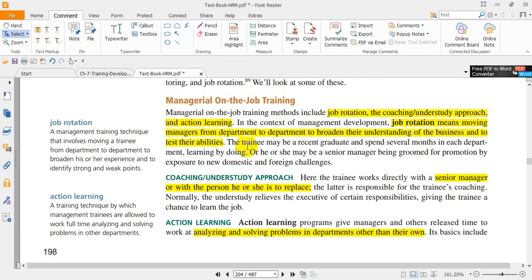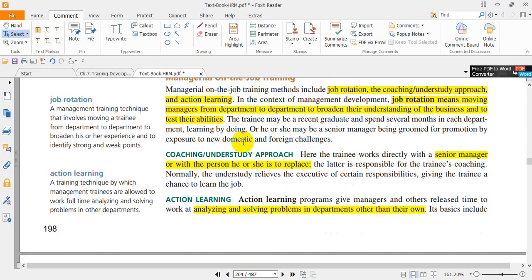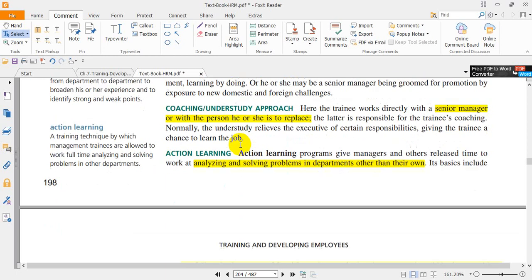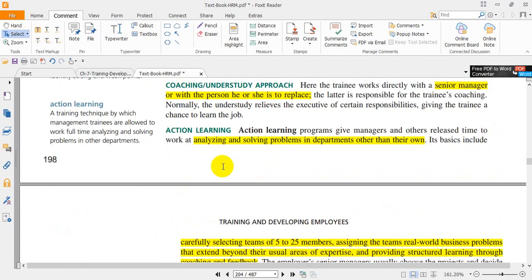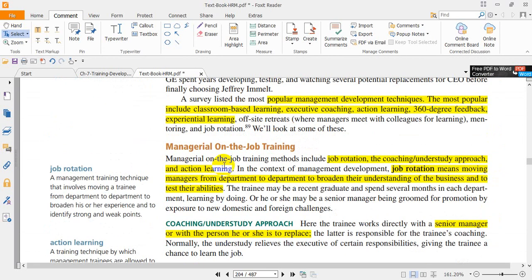Here I will explain about each approach of the on-the-job training, and off-the-job training I will explain also.